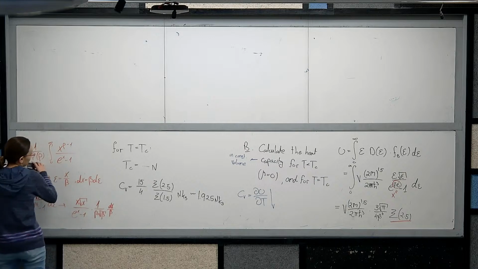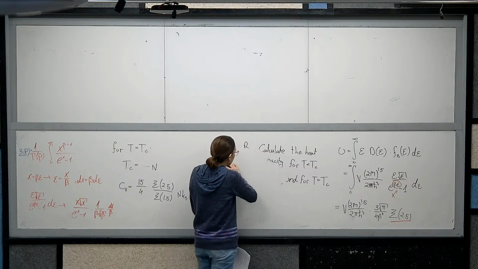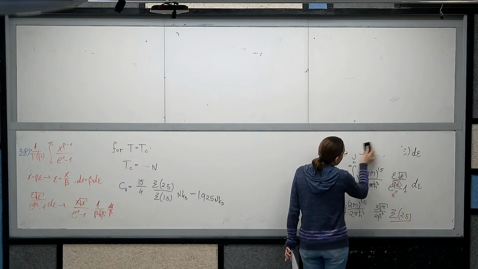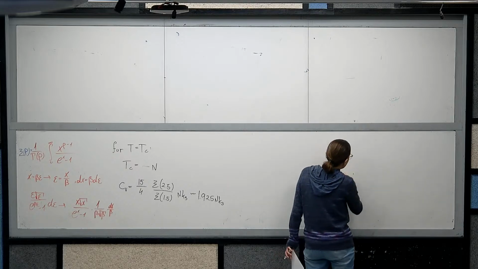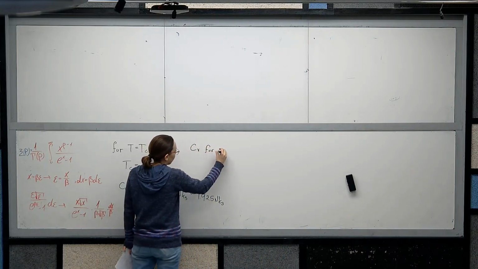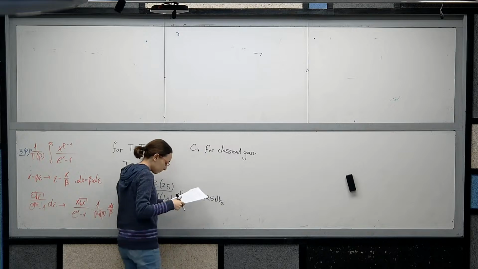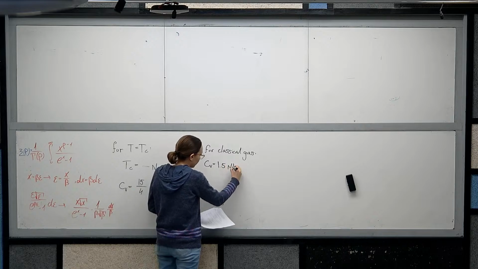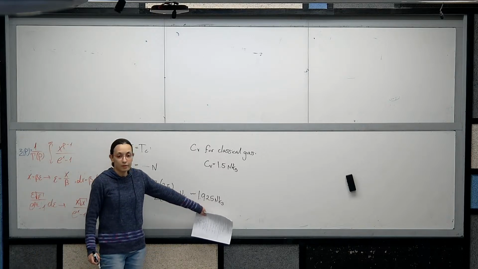Now this is interesting because we know that above the critical temperature the gas should behave as a classical gas. And in a classical ideal gas, the heat capacity equals 1.5 nk_B. So it's different from this value.